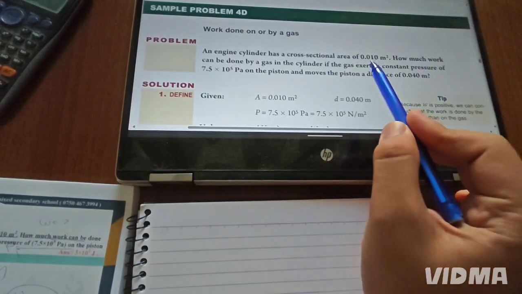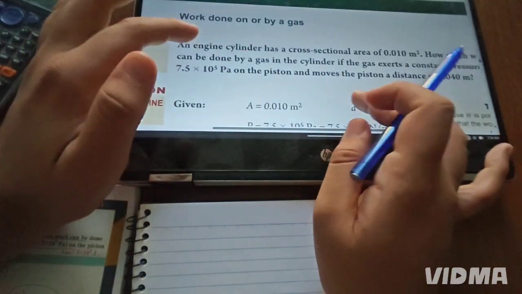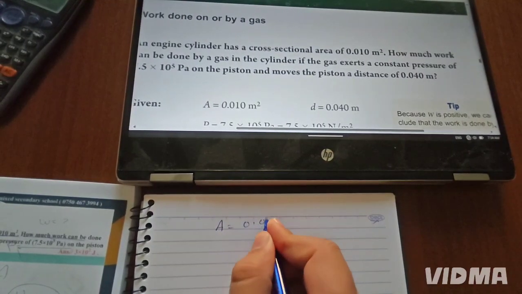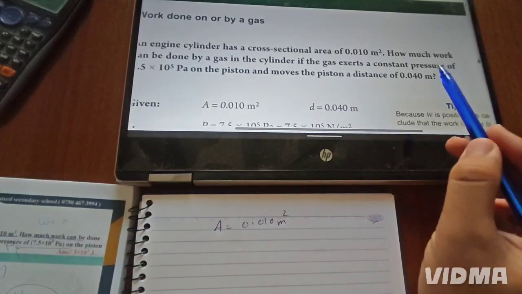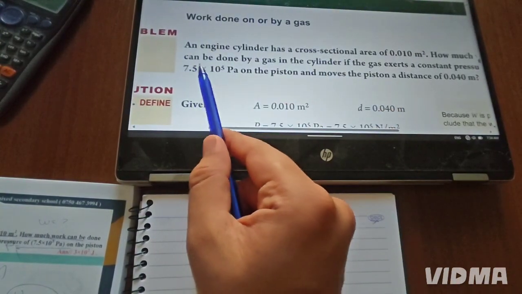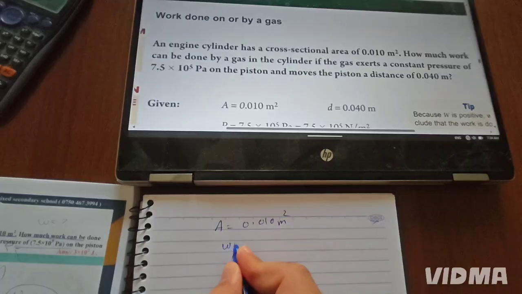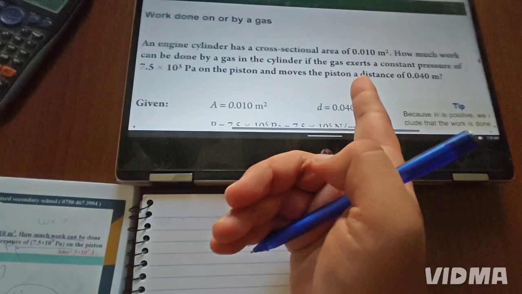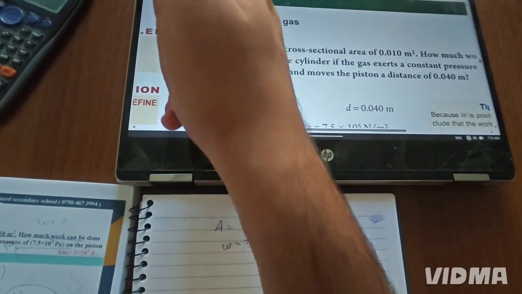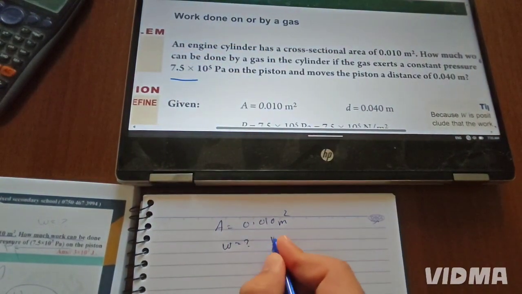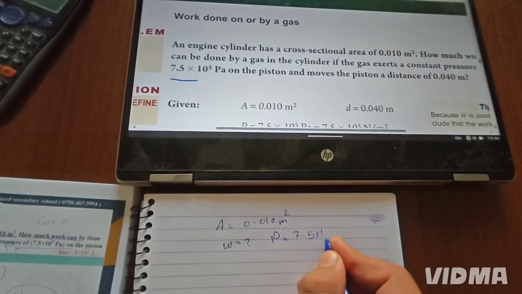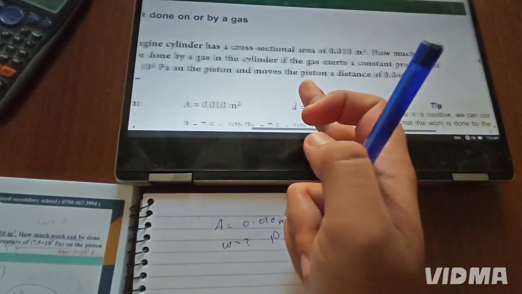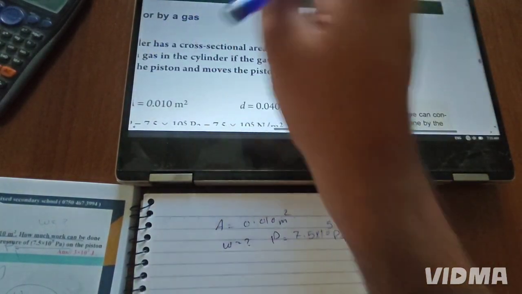An engine cylinder has a cross-sectional area A equal to 0.010 meters squared. Find the work done by a gas in the cylinder if the gas exerted a constant pressure P equal to 7.5 times 10 power 5 Pascal on the piston, and the piston moves a distance D.